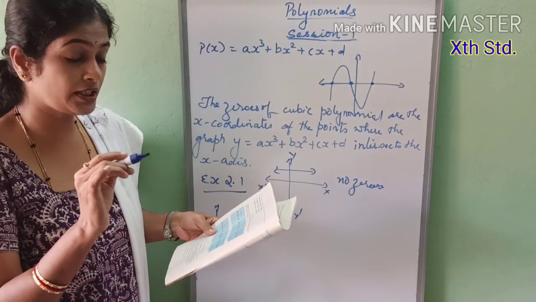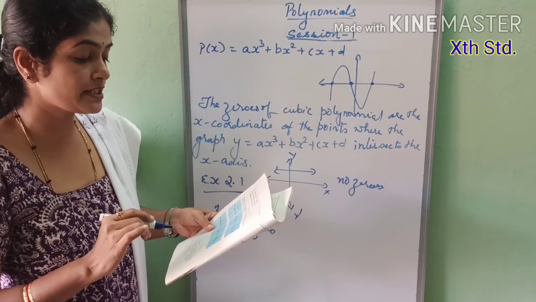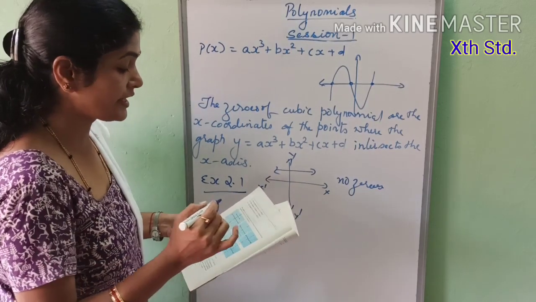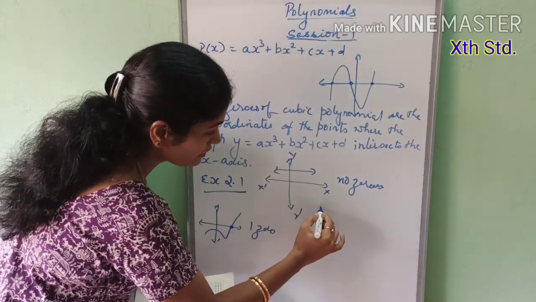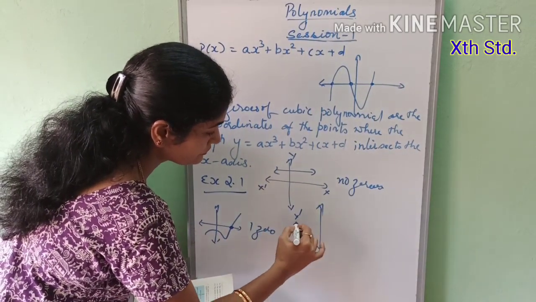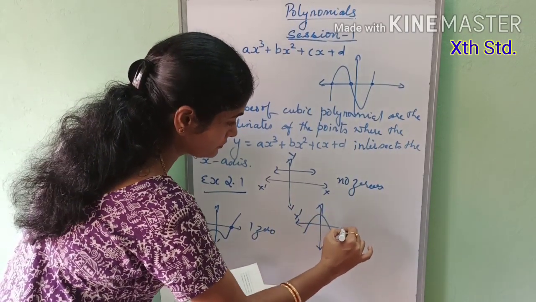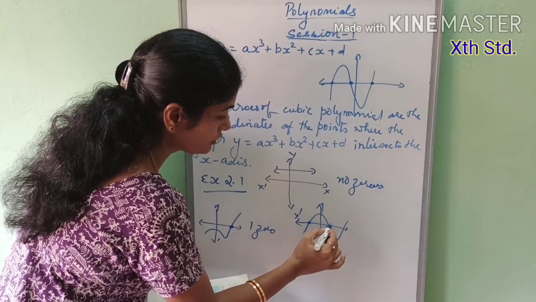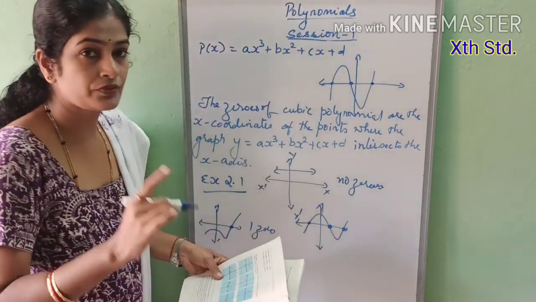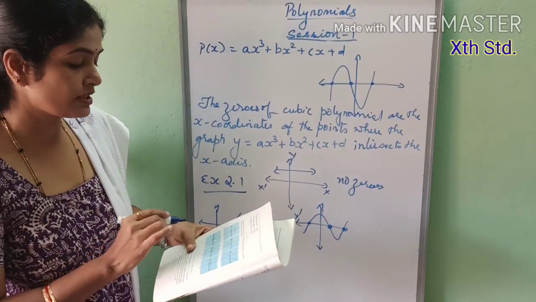Similarly, see the next one, the point of intersection on the x-axis. How many points is the graph intersecting the x-axis? If you look at it like this, 1, 2 and 3. So it is having 3 zeros. See the fourth one.